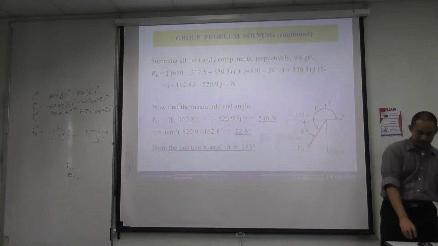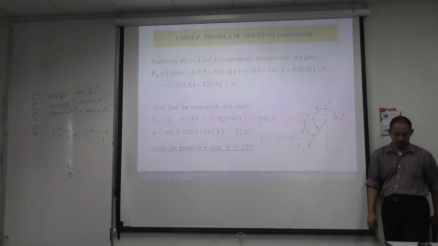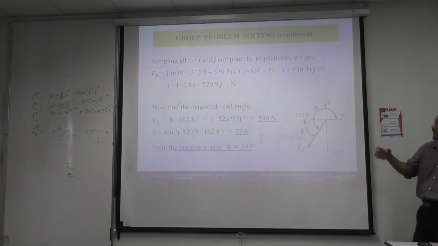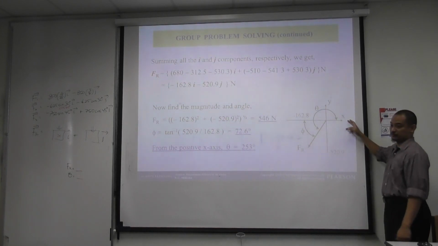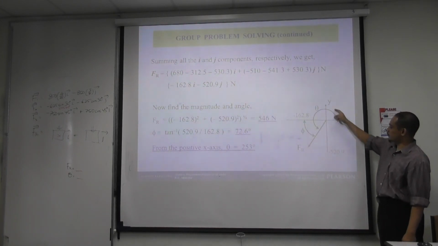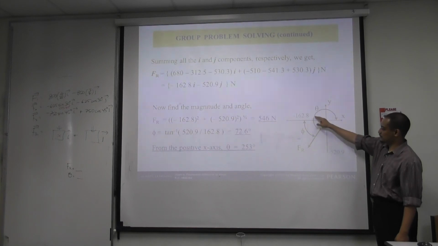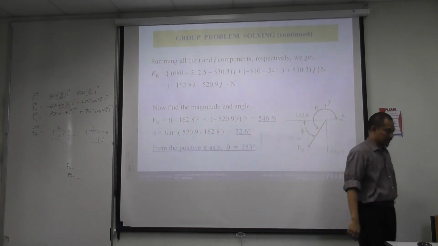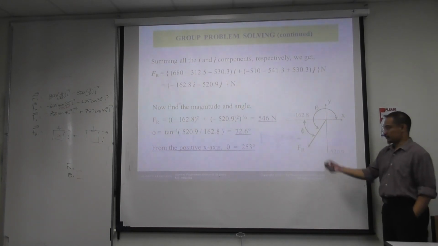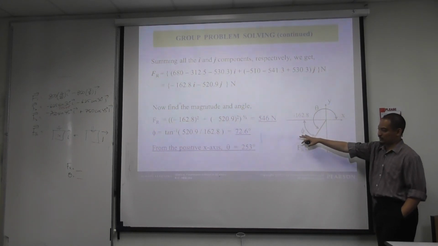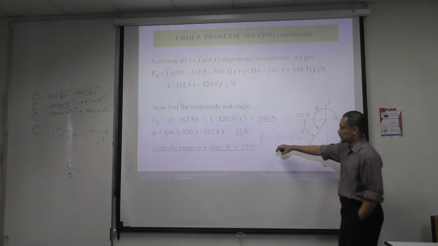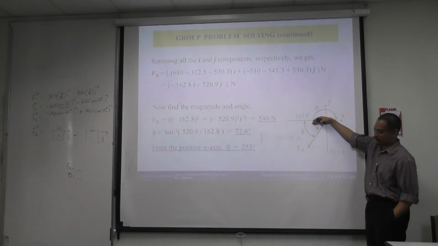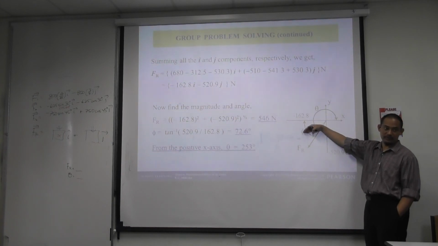Now, some questions actually give a specific instruction. Express the angle from the positive x-axis, for example. Then you have to add the 180 and then you get this one, for example, right? So that depends on the question. But if the question is like this, the question never indicates anything. So if you say 72.6 and then you draw the angle, then that's okay. That's a complete answer already.